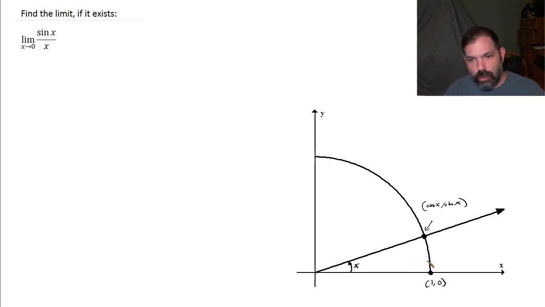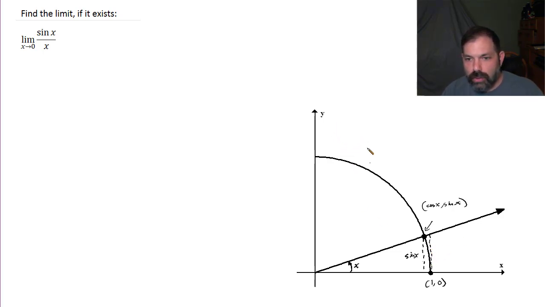Now, I'm going to define a couple other pieces. First, this height right here. Well, the height must be sine x. I'm going to define a second height, and that's the height from the ray to the point 1, 0. Let's figure that vertical distance out.